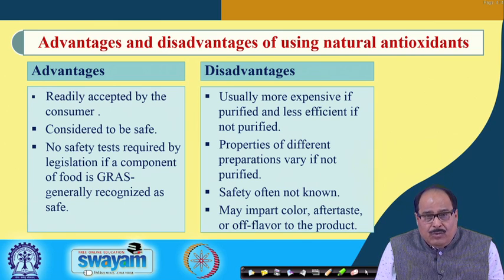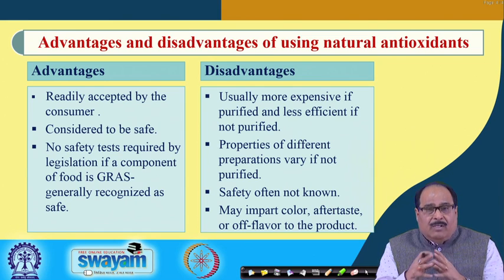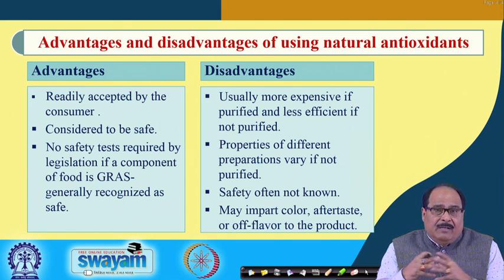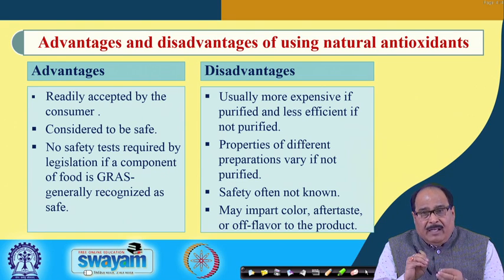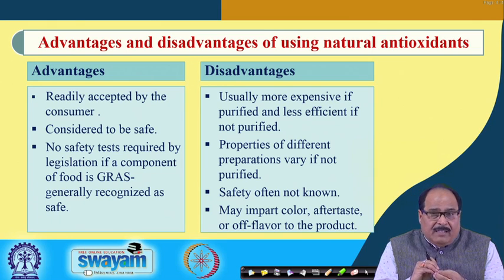And when it is used in unpurified forms, of course, its activity may vary depending upon the differences in the concentration of the materials which are used. Also, there is the safety concern, particularly if this is a herb or a spice or a plant material from which the compounds with antioxidant potential are extracted.